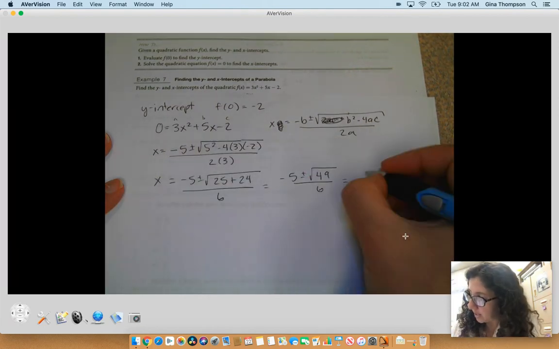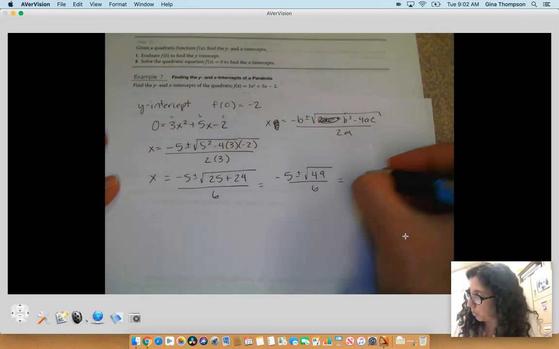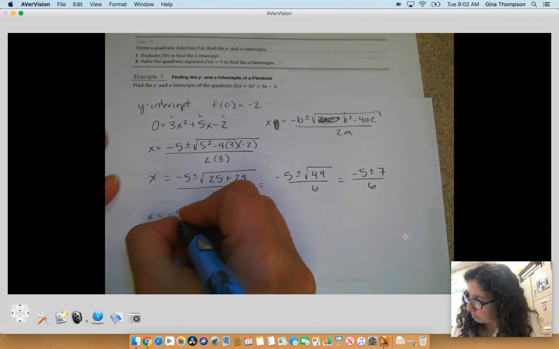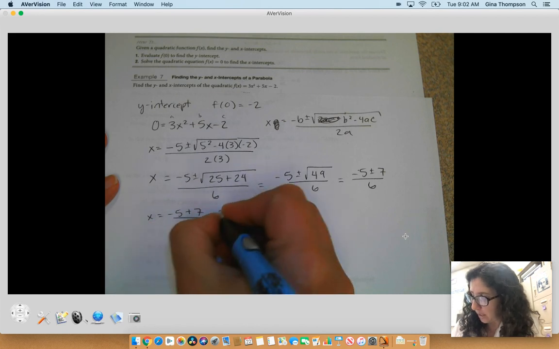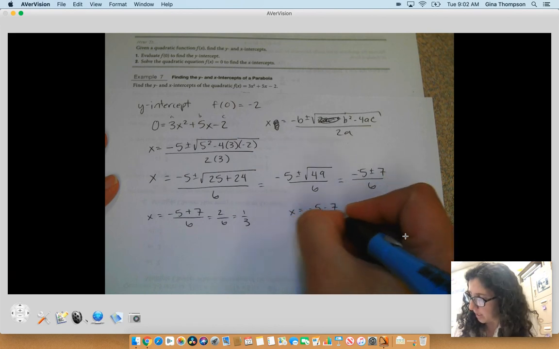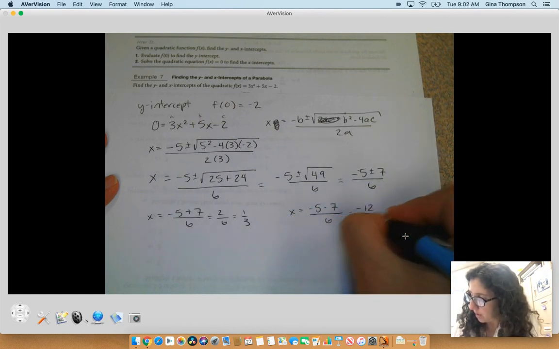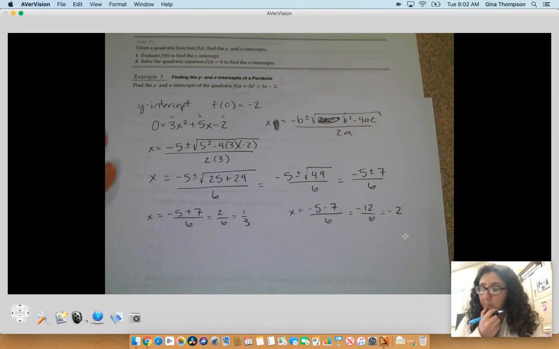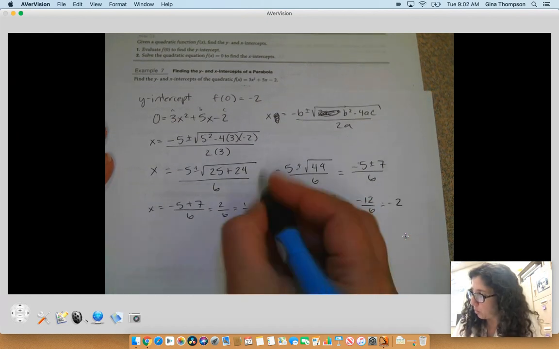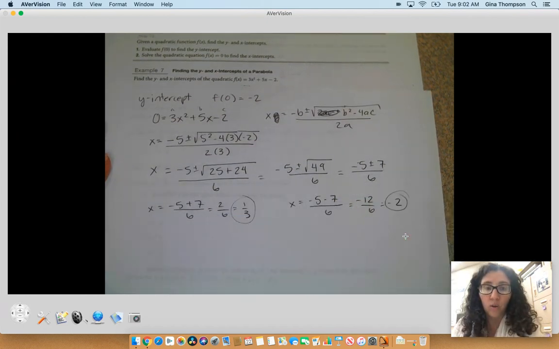That's lovely, that's a perfect square. So it's minus 5 plus or minus 7 all over 6. One value is minus 5 plus 7 over 6, which is 2/6, which is 1/3. And the other is minus 5 minus 7 over 6, which is minus 12 over 6, which is minus 2, right? Great, so those are our 2 x values of our x-intercepts. That's where the graph crosses the x-axis.